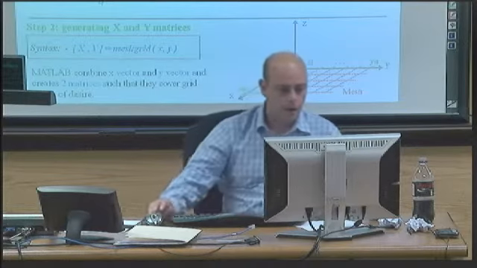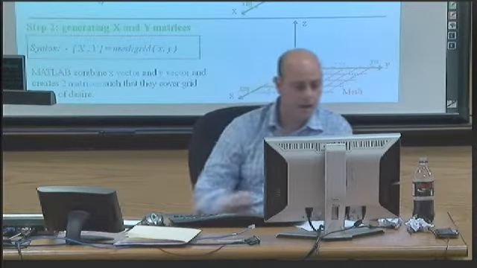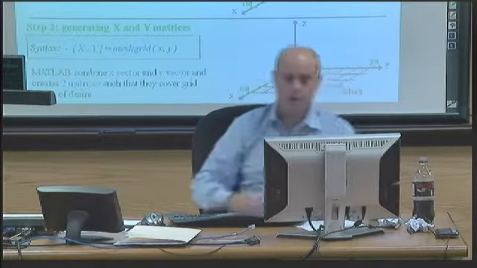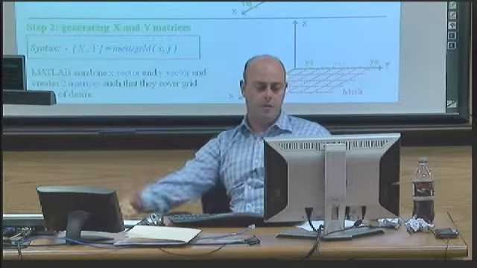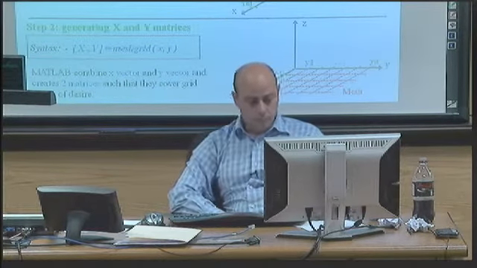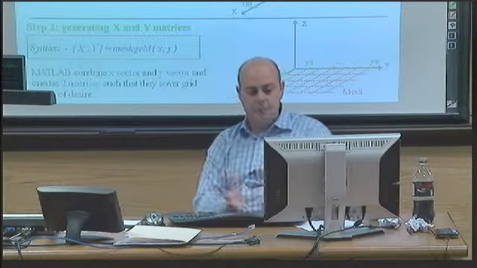So x goes from x1, x2 to xm. Maybe it goes from 0 to 10, so I've got 0, 1, 2, 3, 4, all the way to 10. And y goes from 0 to 20, so 0, 1, 2, 3, 4, all the way to 20. That's what x and y look like, and my goal is to make this mesh.